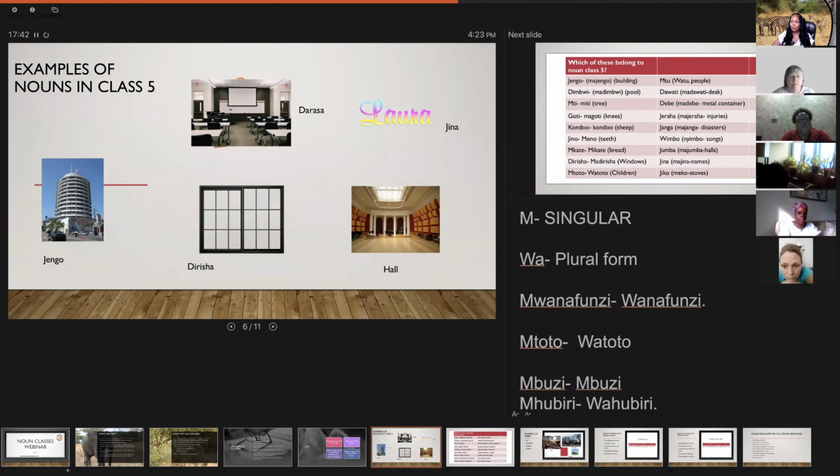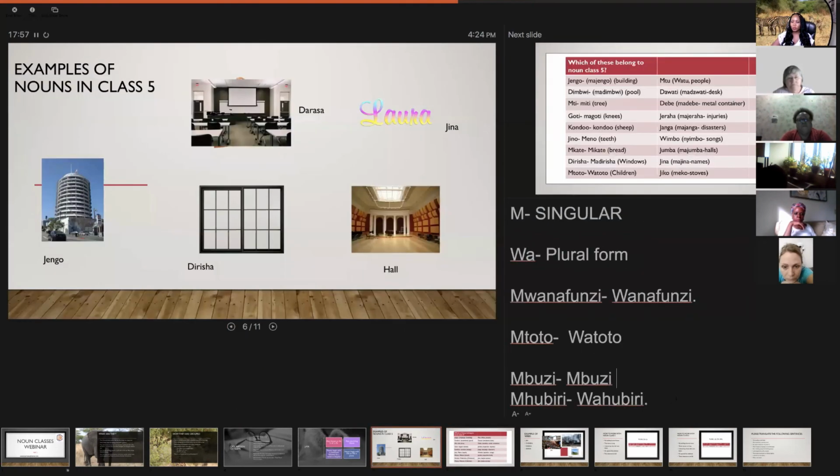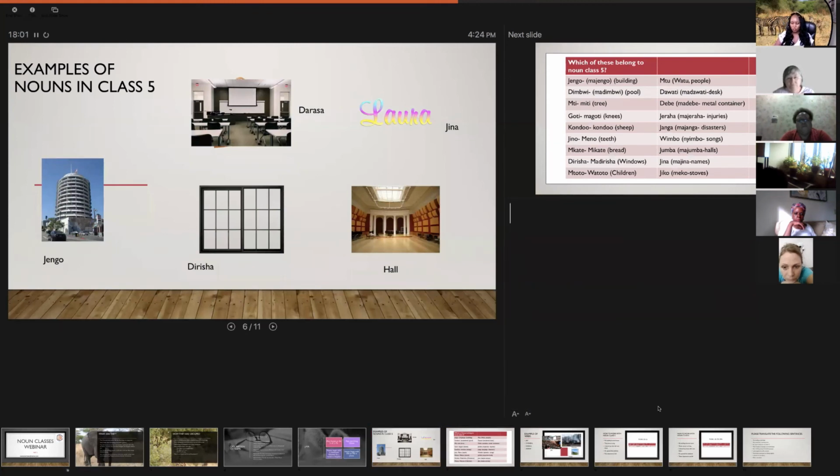Darasa, that is a classroom. Starts with a consonant, followed by a vowel. Jina is a name. Hall is jumba. So jumba starts with a J, followed by a vowel.